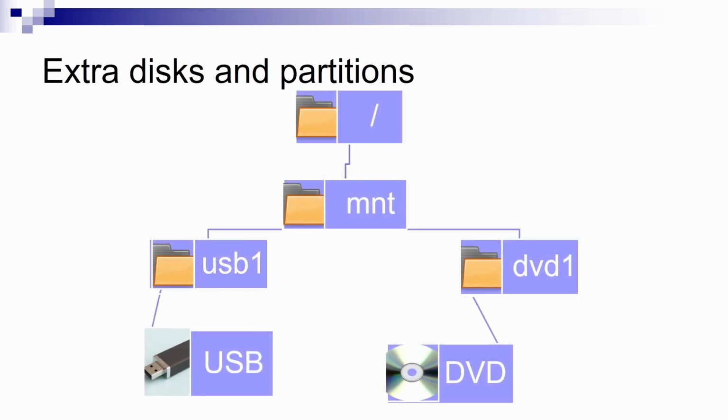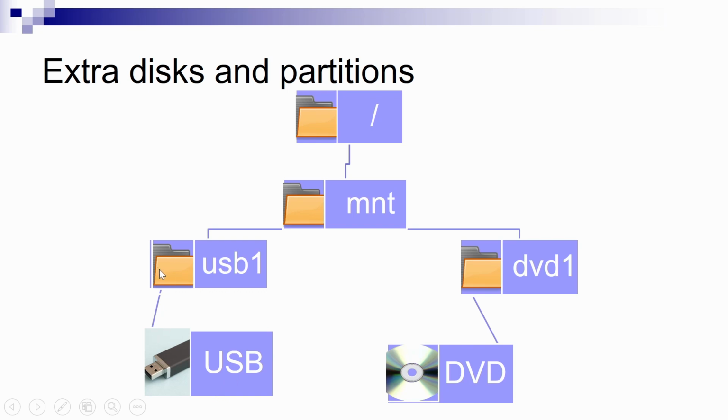And here's how this would look. So we have the root, like we talked about. Under the root we have a directory called mnt, which stands for mount. And now the magic happens. You can make under mnt whatever directories you like, for example usb1 and dvd1. And when you plug in a USB device, you can tell it that it should be mounted on this directory.